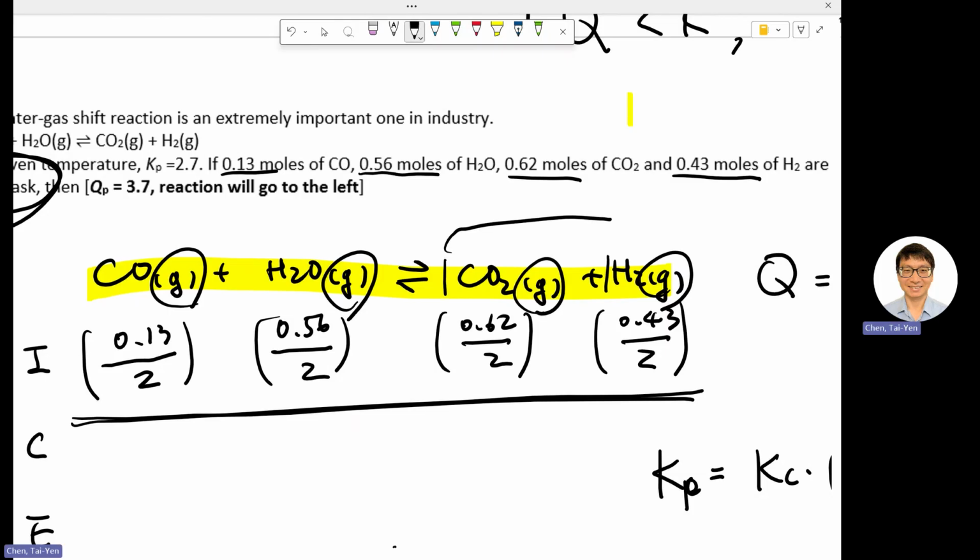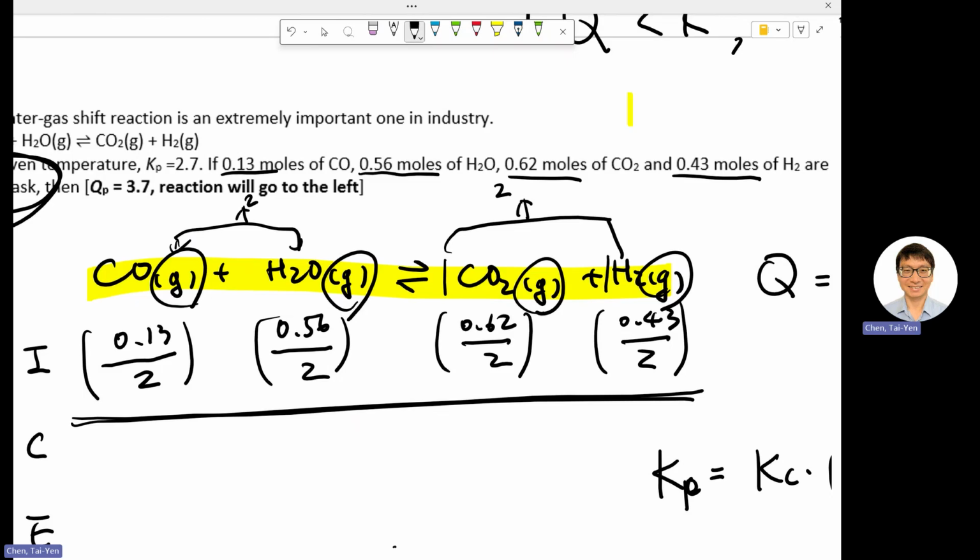In this case, the product side has two, because one CO2 gas and one H2 gas give 2 moles of gas on the product side. Then you do the same thing for your reactant side: 1 plus 1, which also gives you 2.